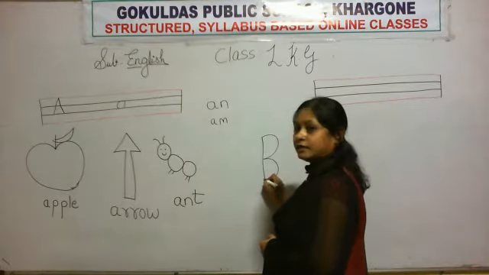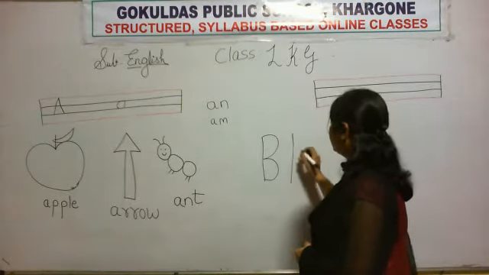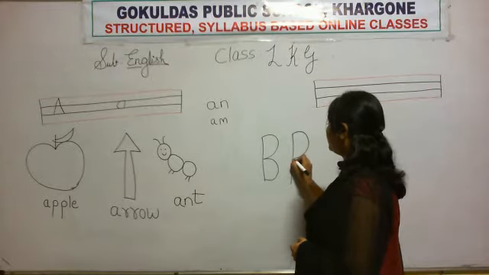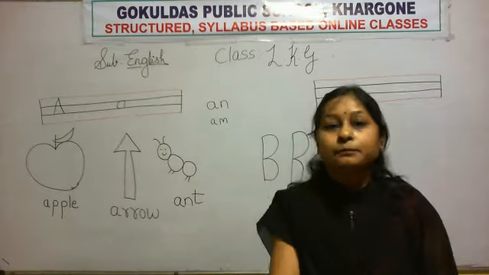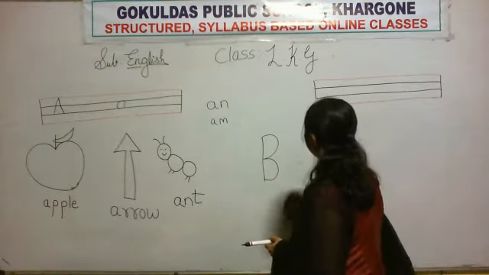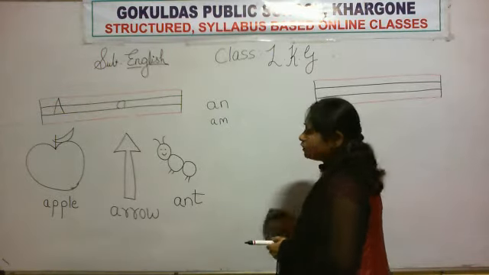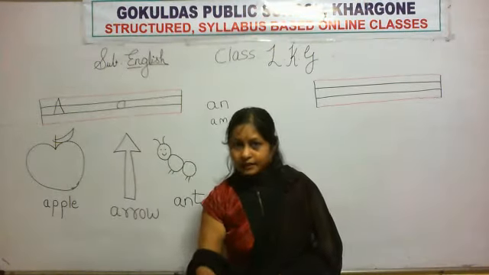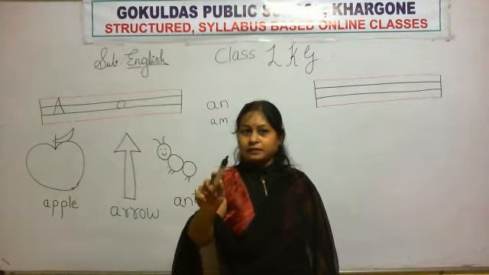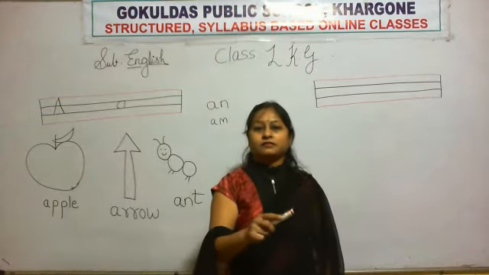How we make B? Standing line, half curve, then again half curve. Which letter is this? B. How you will make B in air? Standing line, half curve, then again half curve.